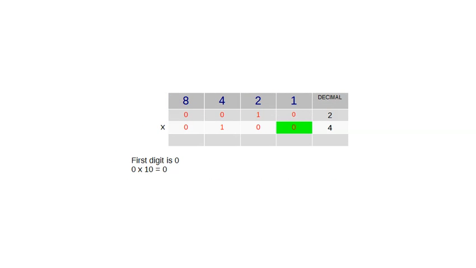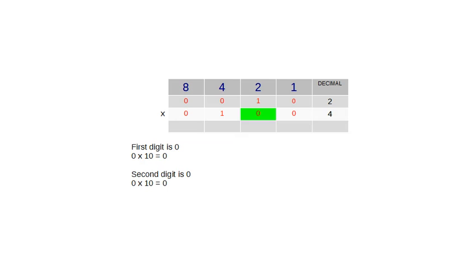We work from right to left. The first digit is 0 and we say 0 times 10 equals 0. So the answer to the first part of the sum is 0. We save that and then we move on to the next column and we say the second digit is 0. So 0 times 10 equals 0.